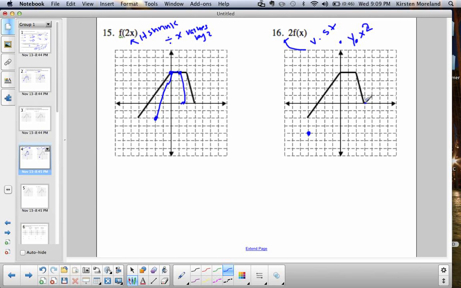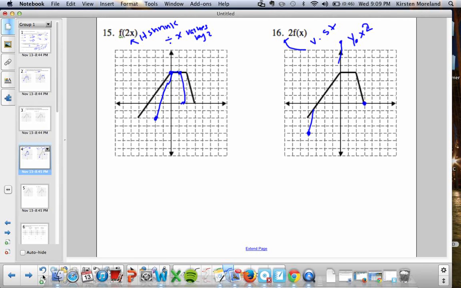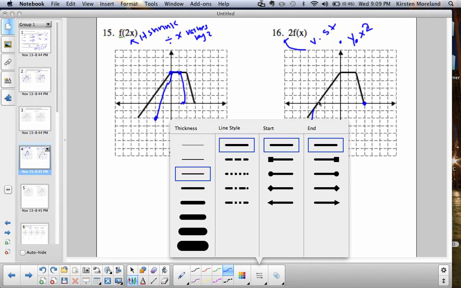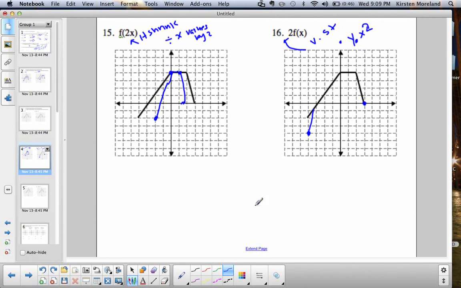And it hasn't gone up or down at all, so it's going to stay the same. Connect it. We're just going to use some straight lines here. Again, I'm still writing on this new tablet, so it's going to be a little tricky.